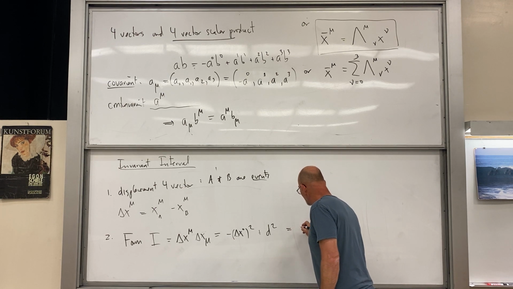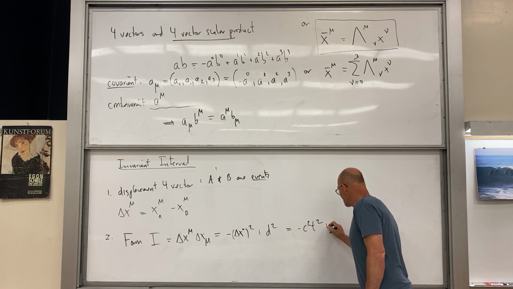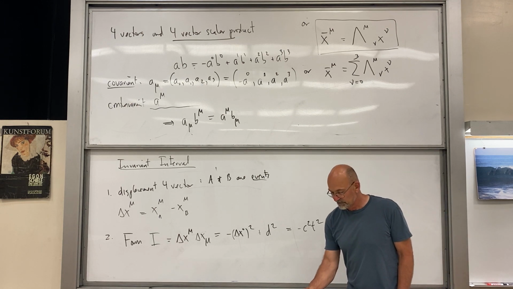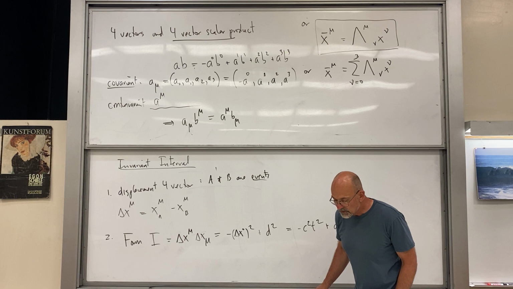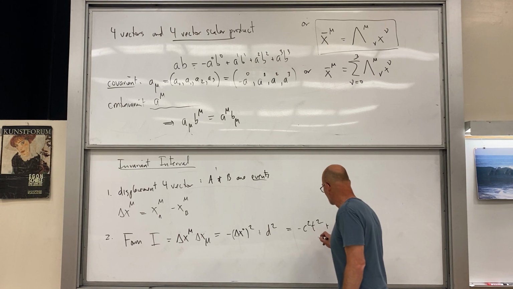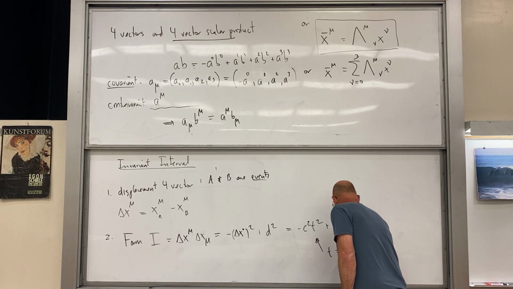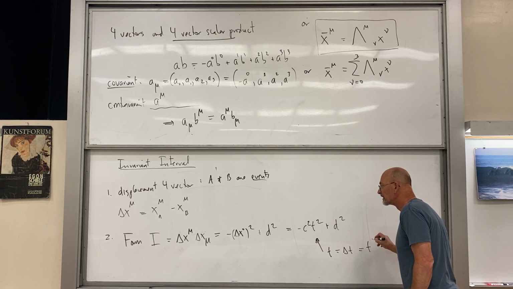So we have minus c squared t squared plus d squared. I have to make sure I say that the t is what I'm calling delta t, t a minus t b.